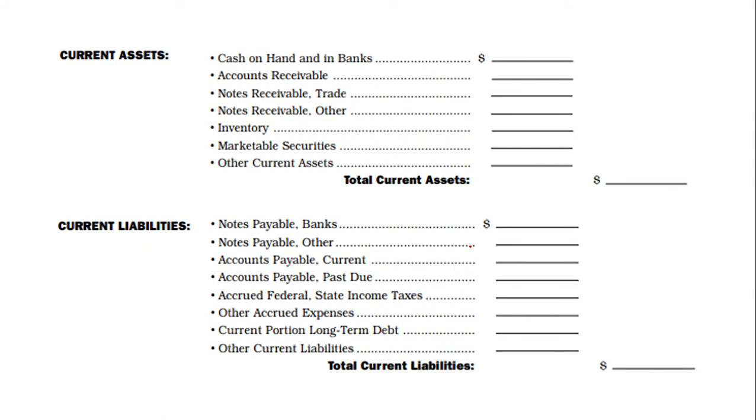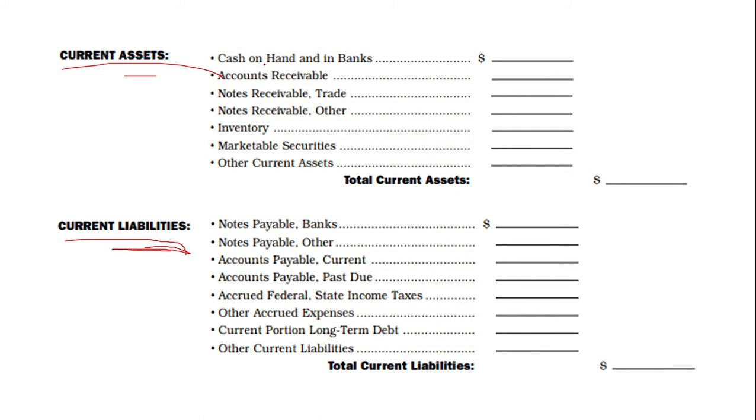This is a sample balance sheet. In a balance sheet there are current assets, current liabilities, long-term assets and long-term liabilities. So what does all this include? Again, I will run through it.